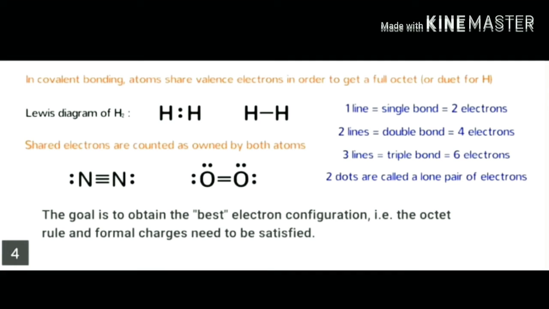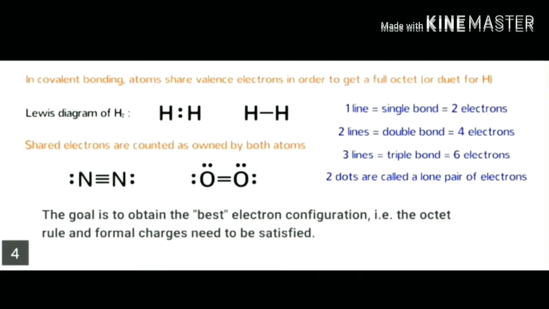Shared electrons are counted as owned by both atoms, so both atoms are satisfied. So we just draw a line between the two hydrogen symbols.